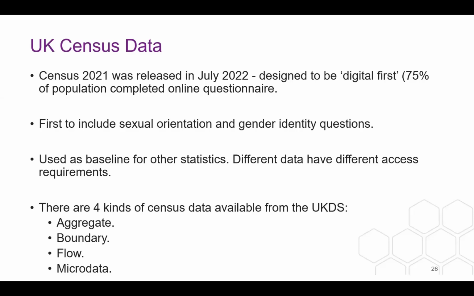Through the UK Data Service, you can get access to 4 kinds of census data, which are aggregate data, boundary data, flow data, and census microdata.